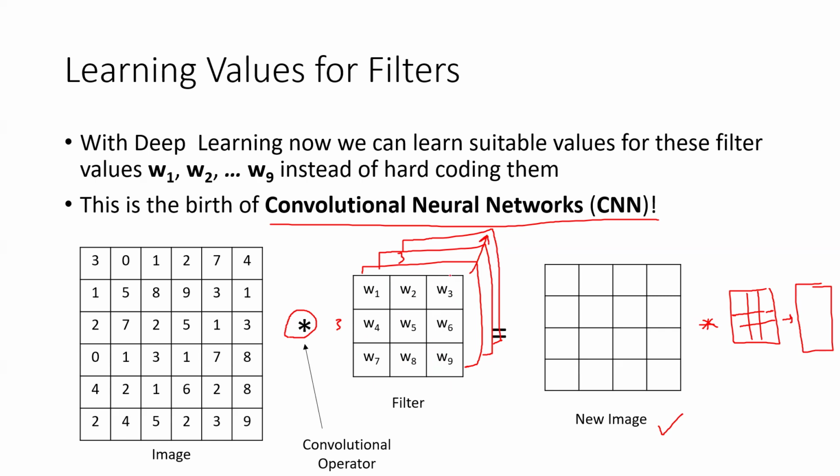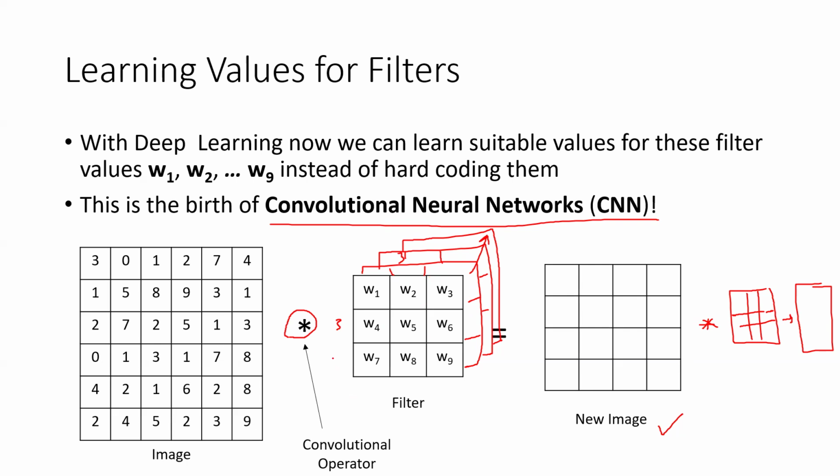When you are using 2 filters, you will get 18 weights, and if you increase the number of filters, you will get more and more weights to be trained, right? That is how you can tune the number of parameters that you are using in the convolutional neural network.